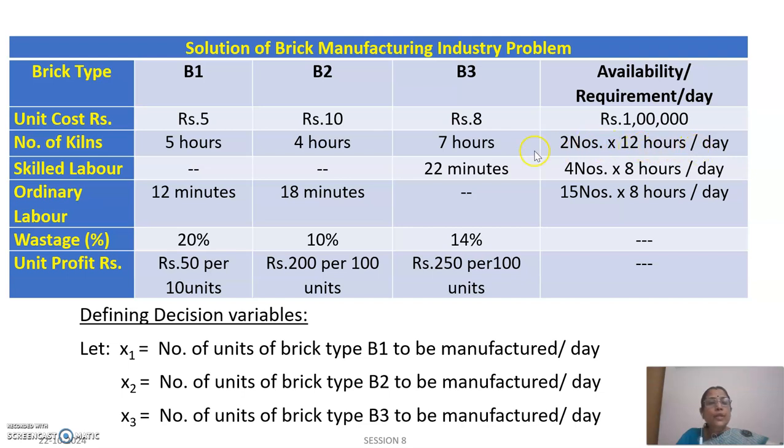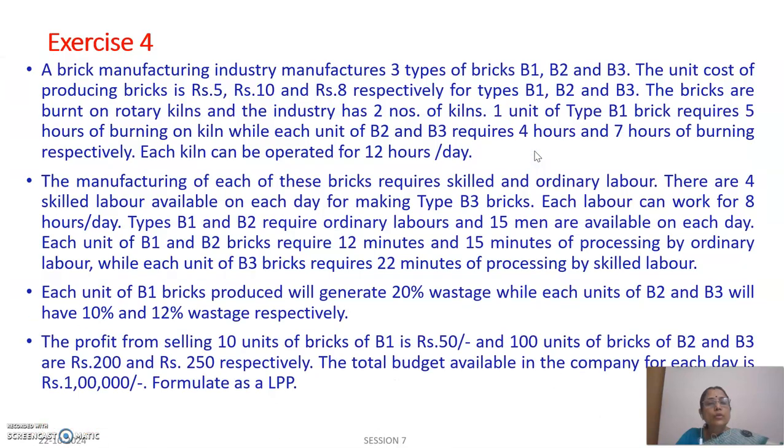And then the next requirement was with respect to the skilled and ordinary labor required for making the bricks, and it says that B1 and B2 bricks require ordinary labor, and 15 men are available on each day. And then each unit of brick B1 and B2 requires 12 minutes and 18 minutes of processing by ordinary labor.